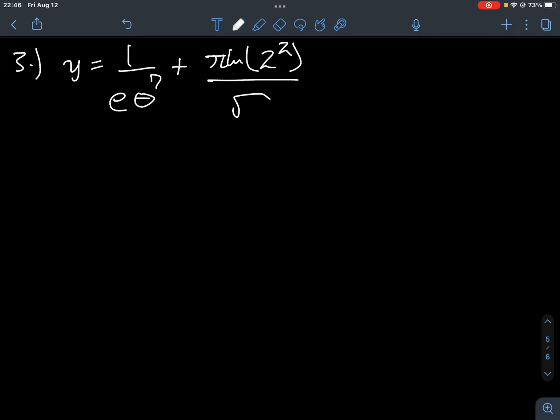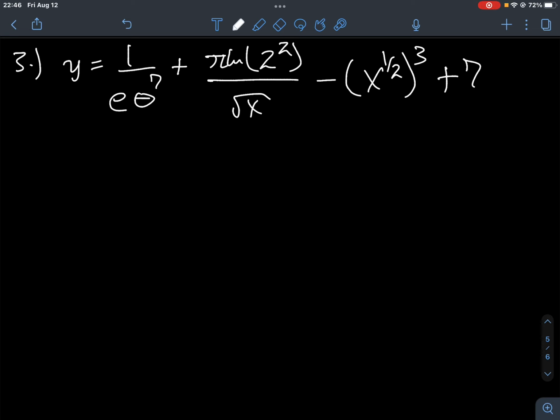Example 3. Say we're given y is equal to 1 over e theta to the 7th plus pi natural log of 2 squared over the square root of x minus x to the 1/2 power cubed plus 7.